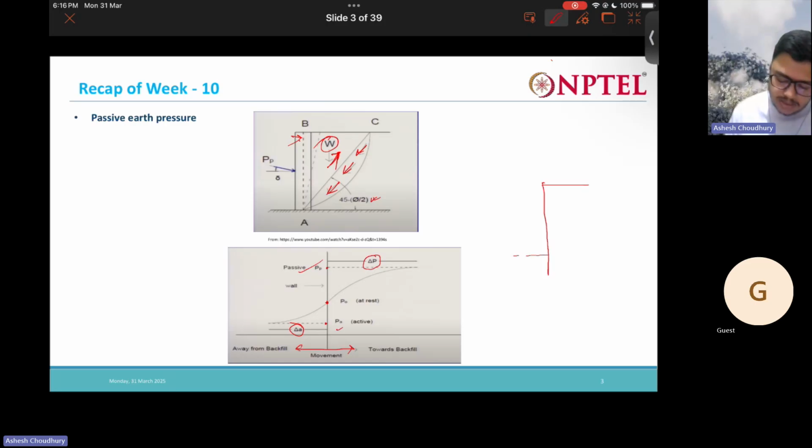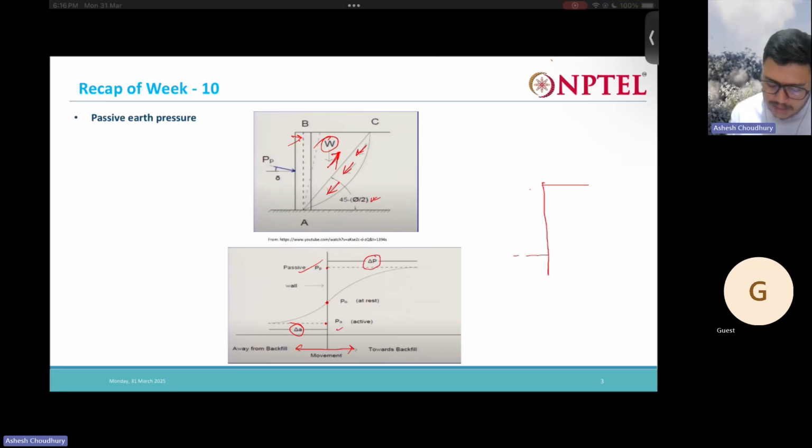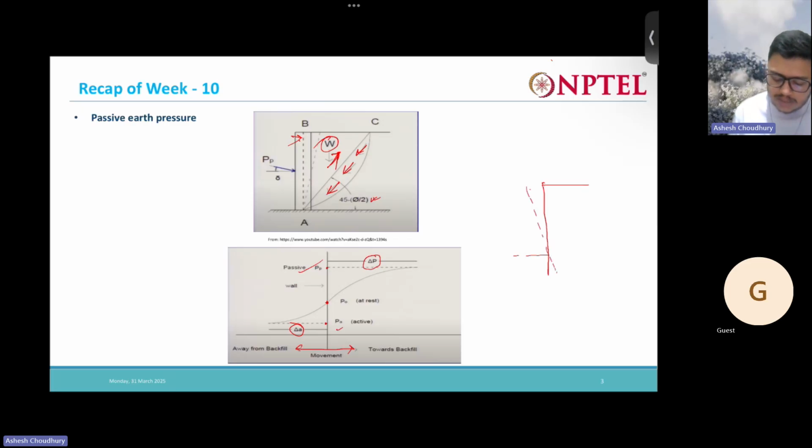So there is a tendency for the retaining wall to move away from the backfill. So it will be something like this. So you can see obviously in this top portion, this side, you will have the active forces that develop.